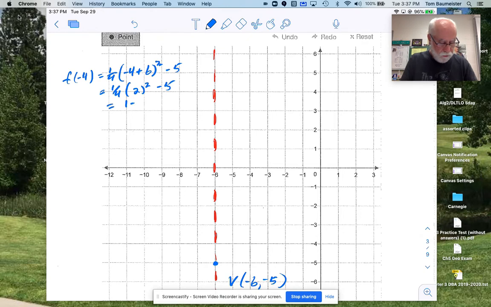So 1 minus 5, which will give us negative 4. So one of my points then would be negative 4 and negative 4. So I'm going to go over 1, 2, 3, 4. I'm going to go down 1, 2, 3, 4. And I'm going to make a point there.